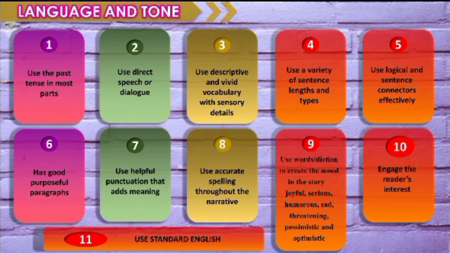Number 3, use descriptive and vivid vocabulary with sensory details. This will give another experience to the readers. They will want to read more and more of your writing. Number 4, use a variety of sentence length and types.